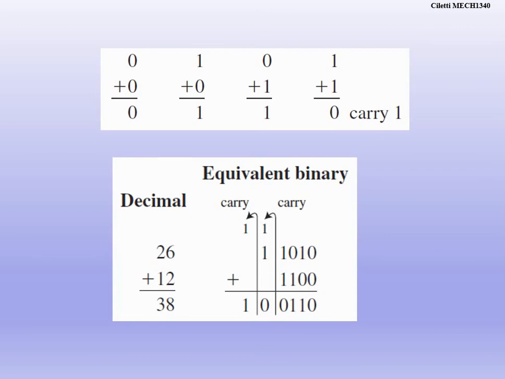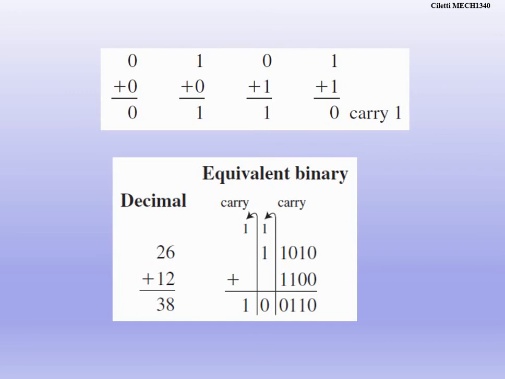If we have 26 plus 12, all right, 26 is 11010, 12 is 01100. Notice I'm putting a 0 in front so that we have the right number of placeholders. But you should be able to add here and see when we have the carry bit and when it's necessary and how to apply it. So we have 0 plus 0 is 0, 1 plus 0 is 1, 0 plus 1 is 1, 1 plus 1 is a 0 with a carry.